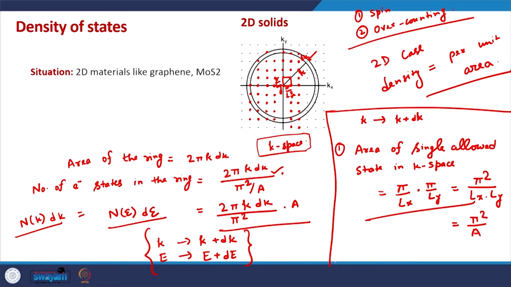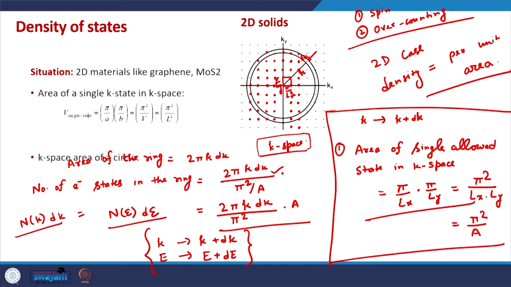Now, the density of state calculation is straightforward. Density of states essentially means the number of electronic states per unit volume. In this case it will be per unit area at a given energy, which means we need to also divide by dE.